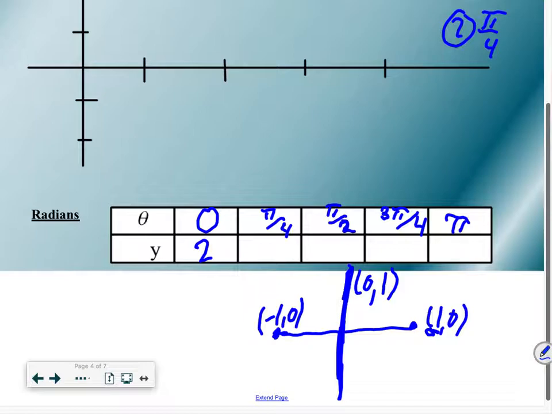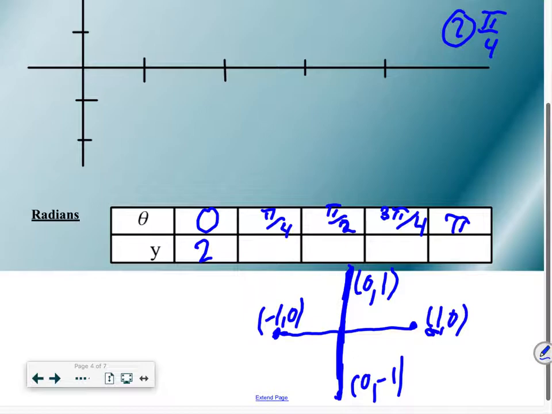So always look at what your theta is times. You know these are the only 4 we use, so if there is a pi over 4 or something that's not one of these 4, you're probably multiplying by something. Does that make sense? That's just a quick catch.